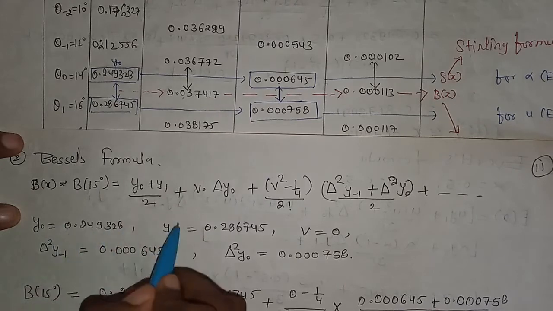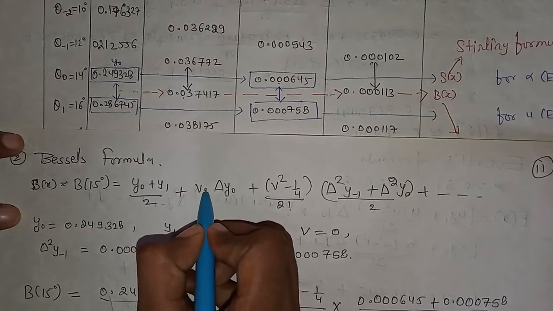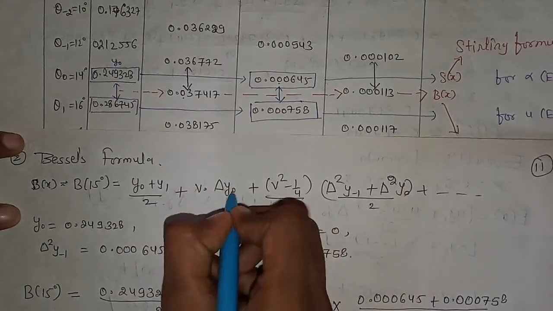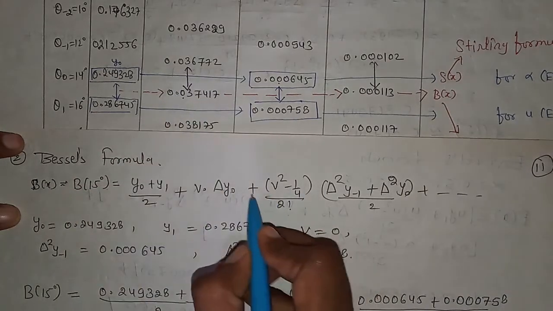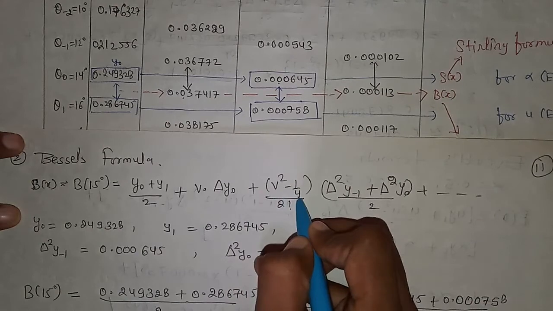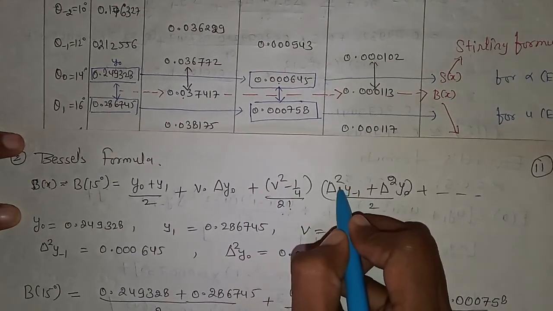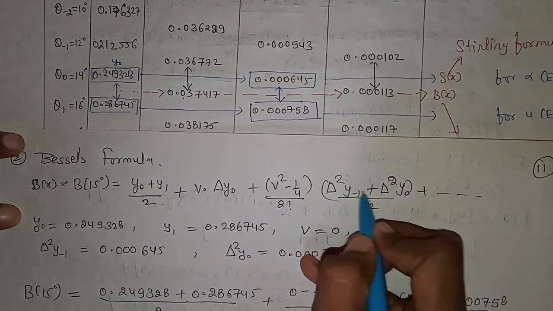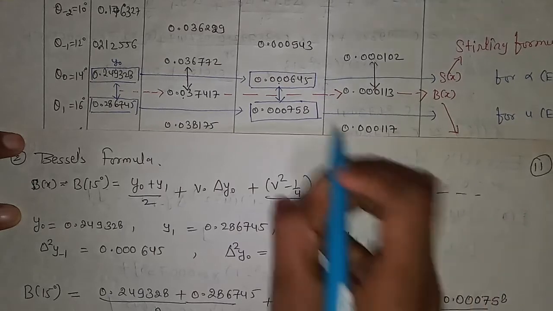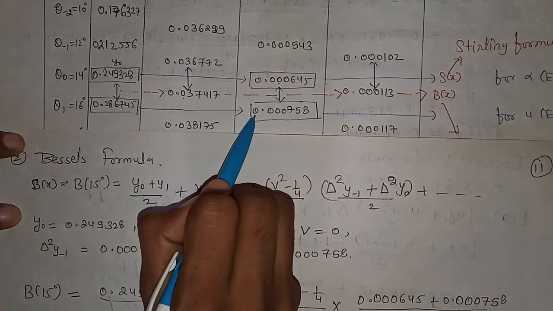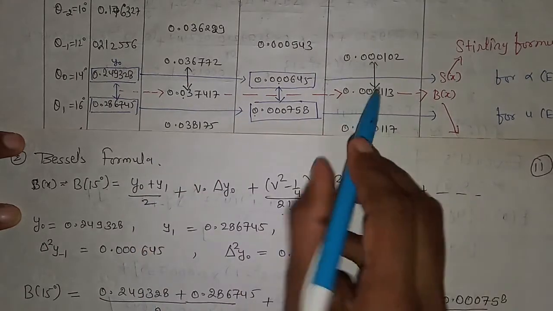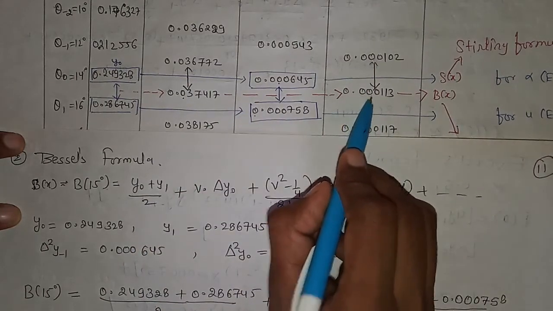Then plus v, where v is 0, delta y naught is 0.037417, and plus v square minus 1 by 4 upon 2 factorial, delta raised to 2 y minus 1 plus delta raised to 2 y naught. Then the next term is delta cube f of theta.